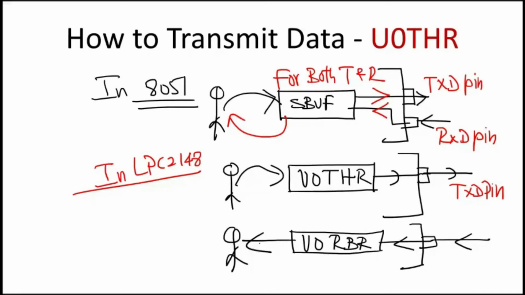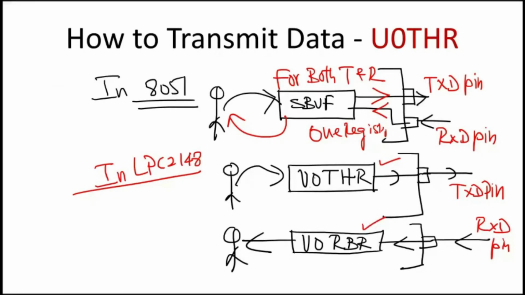This is the RxD pin. So the main difference from 8051 is you have only one register there, which is used for both transmission and reception. You have one exclusive register for transmission in LPC 2148 and another exclusive register for reception.